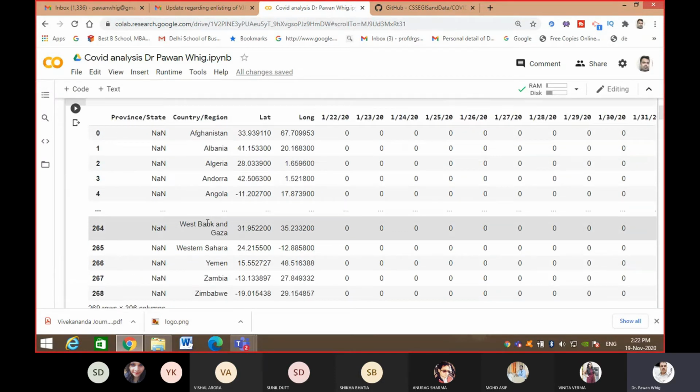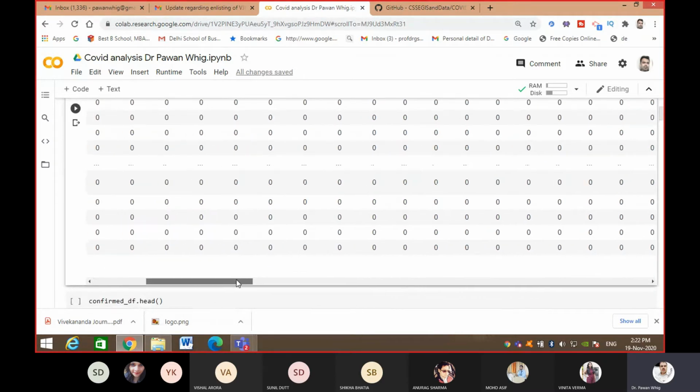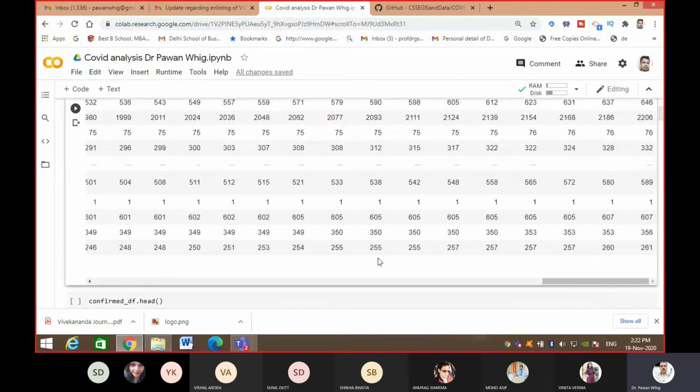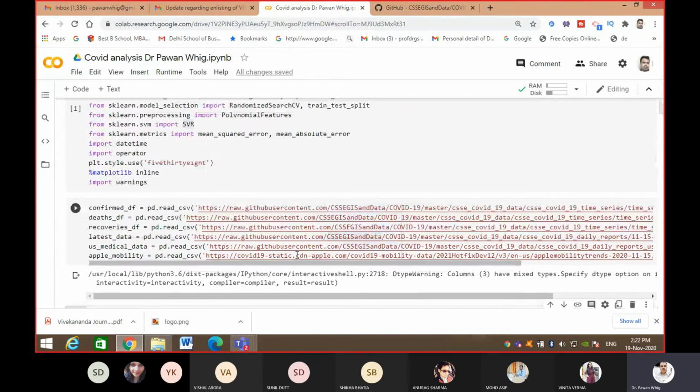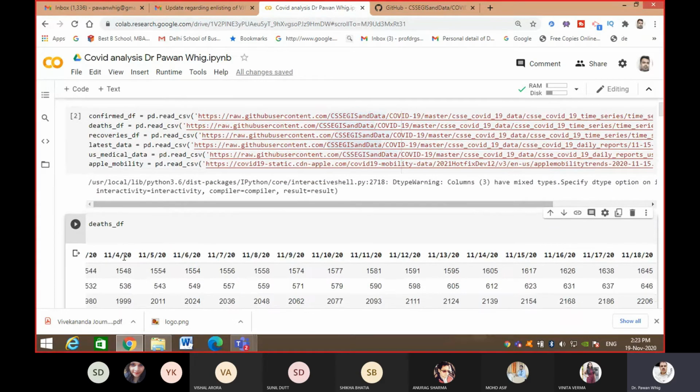It means data for 269 countries is there, with their longitude, latitude, the date when COVID starts, and the deaths. Basically, this is the data for the deaths. Similarly, if you want to see the recoveries, let's see the recovery rate also.